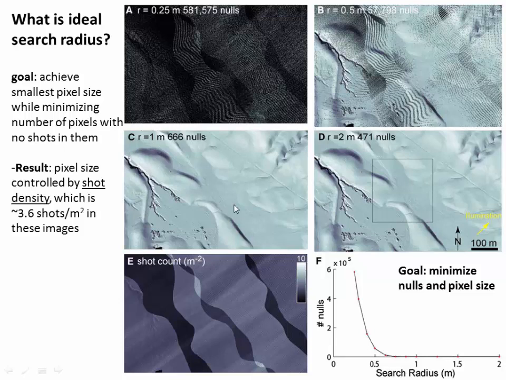And just to reiterate that, obviously people want smaller pixels because that may record more surface detail. However, the minimum pixel size you can get is limited by the shot density, which of course is ultimately controlled by how the data was collected during the data collection.